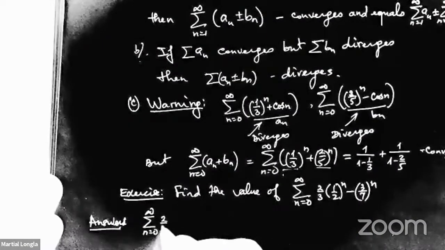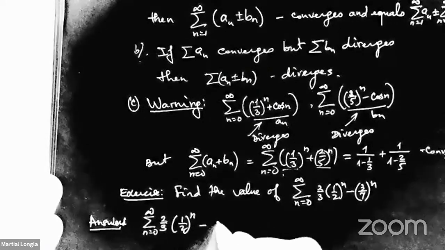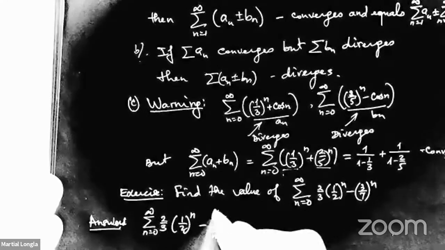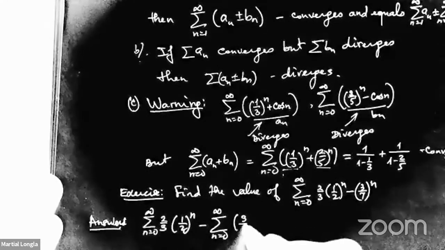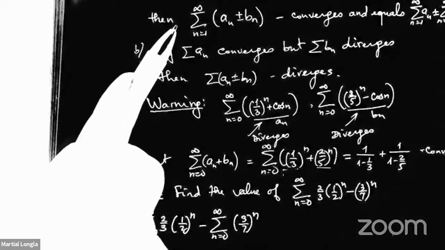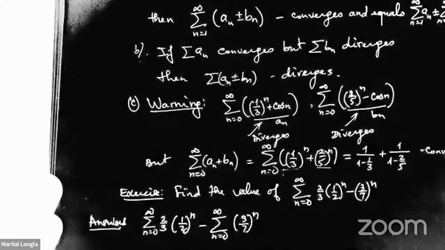So you write sum n from 0 to infinity, 2/3, then 1/2 to the power n minus sum n from 0 to infinity, 3/7 to the n. That's using this first rule here. Because each of them converges, then the difference will be equal to the difference of the sums.